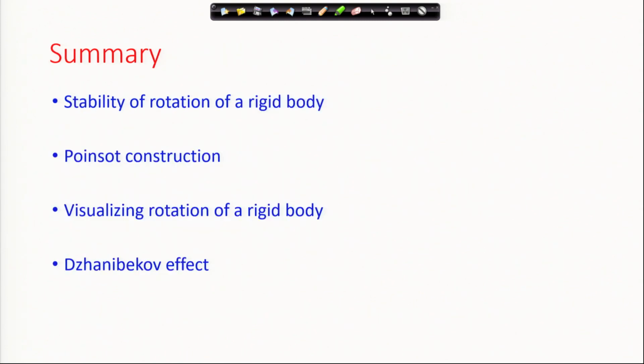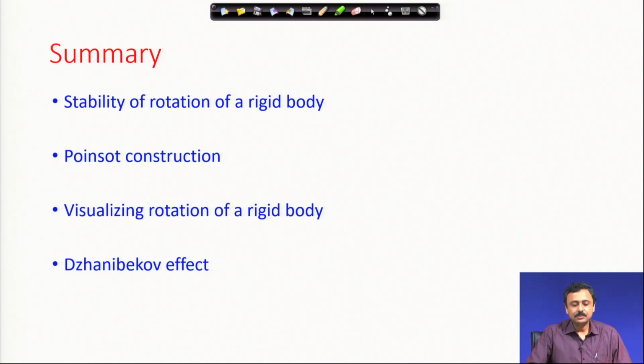So, let me summarize what we have discussed. We have studied the stability of rotating bodies. Using the Poinsot construction, we have visualized the growth of these perturbations, because our linear stability analysis, remember, did not give us, other than saying that the system is unstable at the intermediate axis spin, any visualization of what will happen.